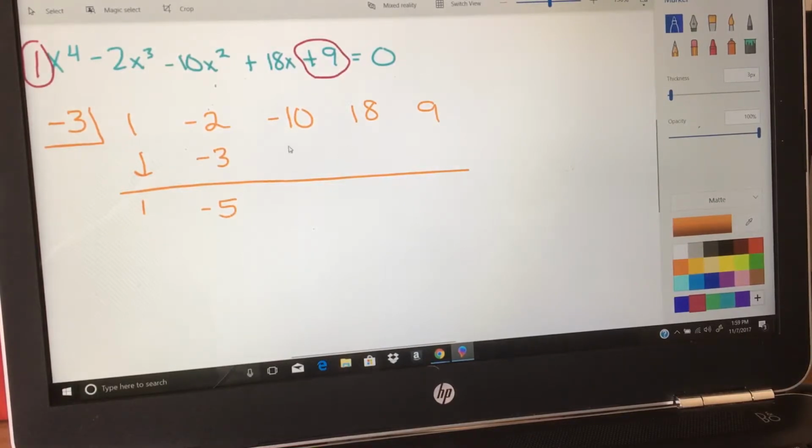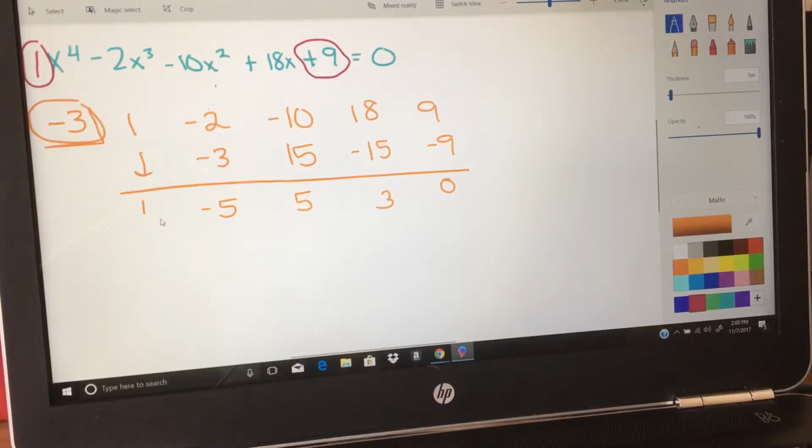Negative 5 times negative 3 gives us a positive 15. Negative 10 plus 15 gives us 5. 5 times negative 3 gives us a negative 15. 18 minus 15 gives us 3. And then 3 times negative 3 gives us a negative 9. So that will be a 0 there. So we have synthetically divided out one of our zeros, which is negative 3.